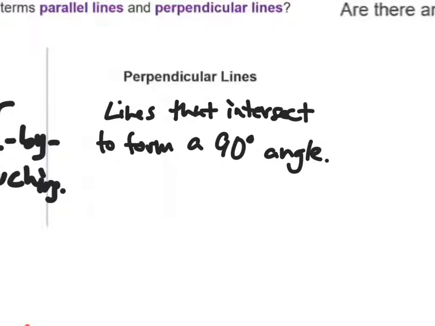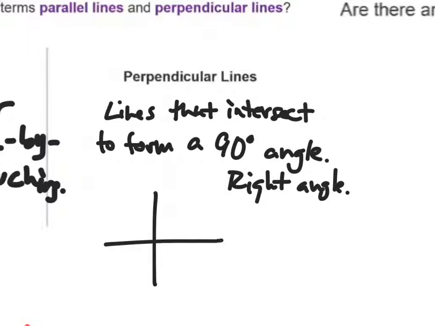We also call that a right angle. If I draw a picture of this, I'm going to have lines going like this. I'm going to put a little tiny square in the corner here. That's a symbol. This symbol tells me that it's a 90-degree angle.